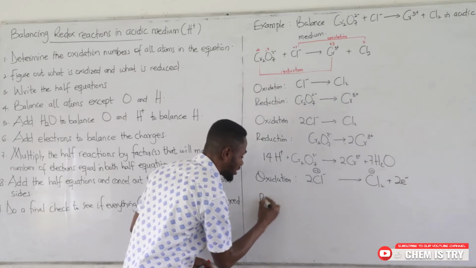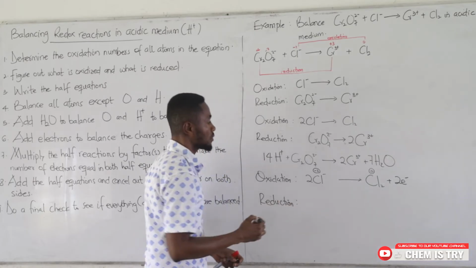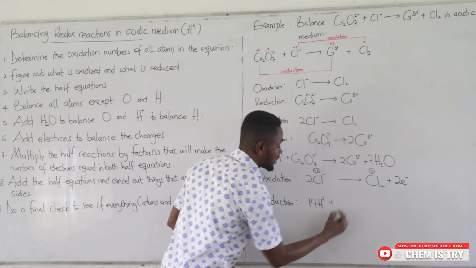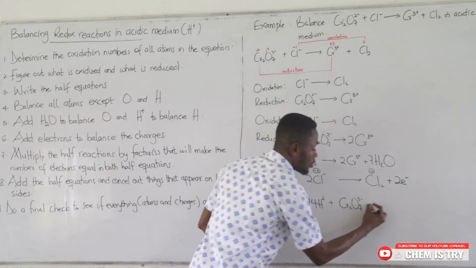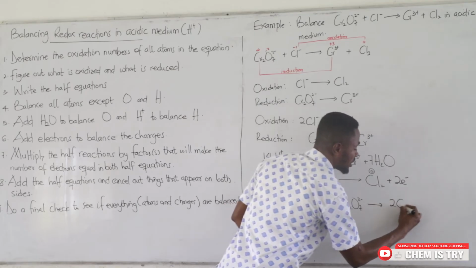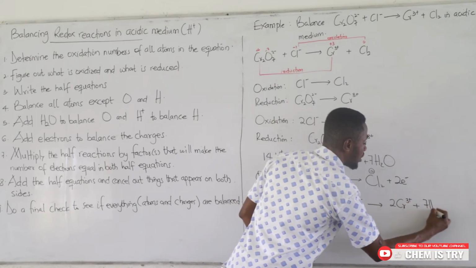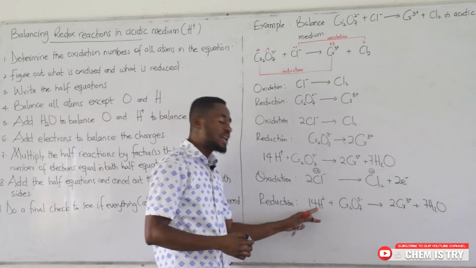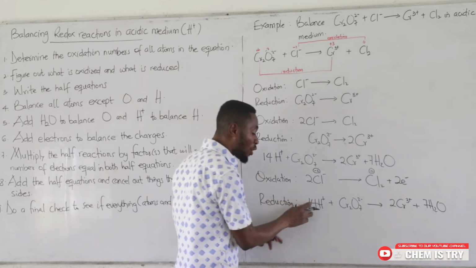Now let's look at the reduction half equation. There we have 14 H+ plus Cr2O7 2- going to produce 2Cr3+ plus 7 moles of water. Now, each hydrogen ion carries a +1 charge, and we have 14 of them.